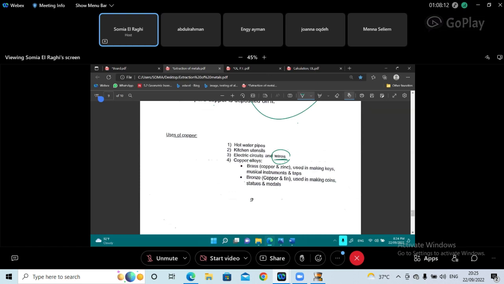And also you may study physics, right? So it is a circuit. Any circuit you do, you see copper. It's better to say brown, okay? Brown or reddish brown, accept. Okay, and also in alloys, we have two alloys here that contain copper. Please memorize by heart. We talked about brass, which is copper and zinc.